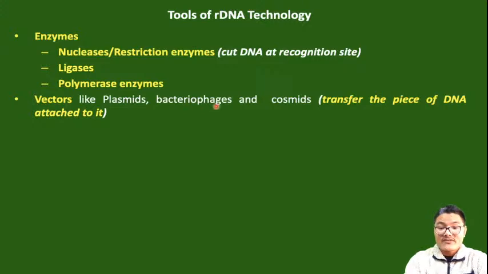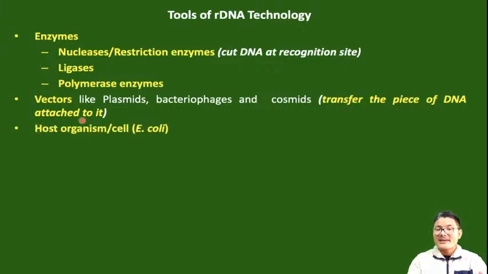Similarly, we also have other vectors which are obtained from bacteriophages. Bacteriophages can also act as carriers of the gene. We also have cosmids which help in transfer of a piece of DNA. So vectors are mainly responsible for transfer or carrying of the piece of DNA which is attached to it, right?